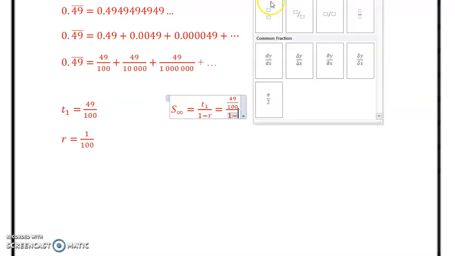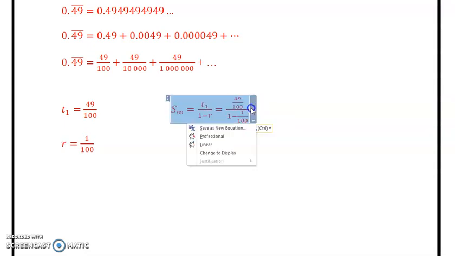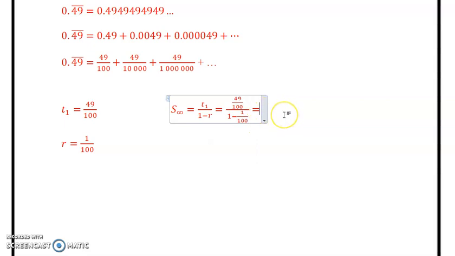In the denominator, we have 1 minus our R value, 1 over 100. The denominator would be 1 minus 1/100, which is obviously 99 over 100.